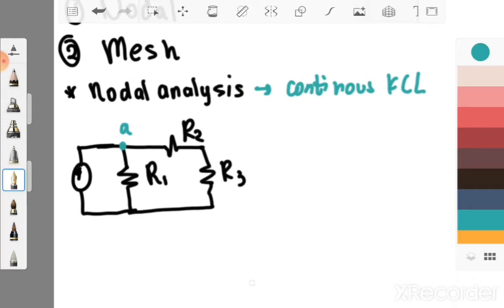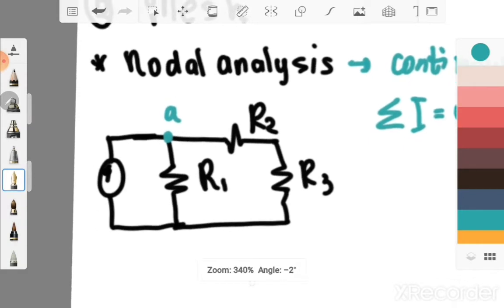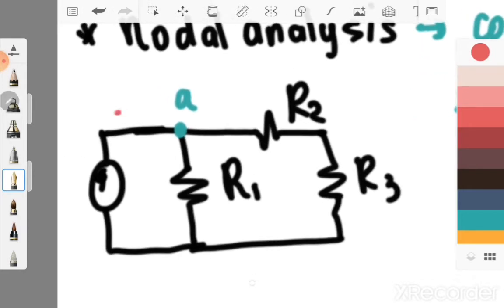According to Kirchhoff, KCL is the summation of current going into and going out of the node, wherein its sum is equal to 0. Summation of I is equal to 0. I always repeat to you, from our first examples in KCL and KVL, that when you are already designating the direction of your current, don't change it anymore.